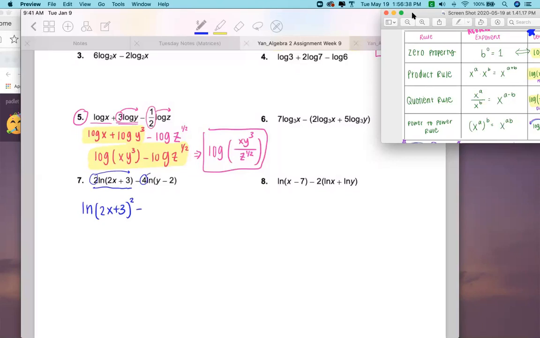Minus, take the 4 to the exponents, which is ln y minus 2 to the 4th power, like this. Okay, and then one final step, and then you're done. We start with our ln, with our division sign because it's minus, and we just write that at the top, first part at the top and second part at the bottom.